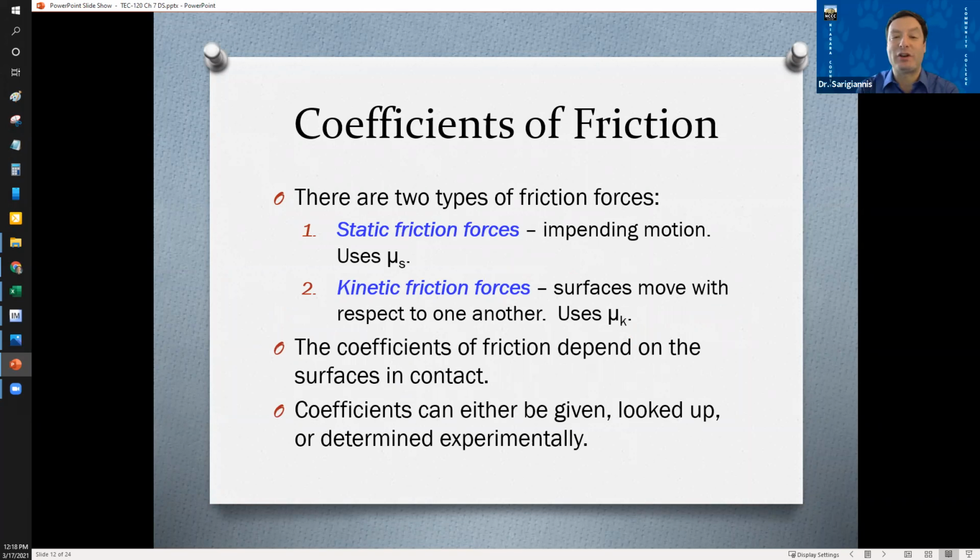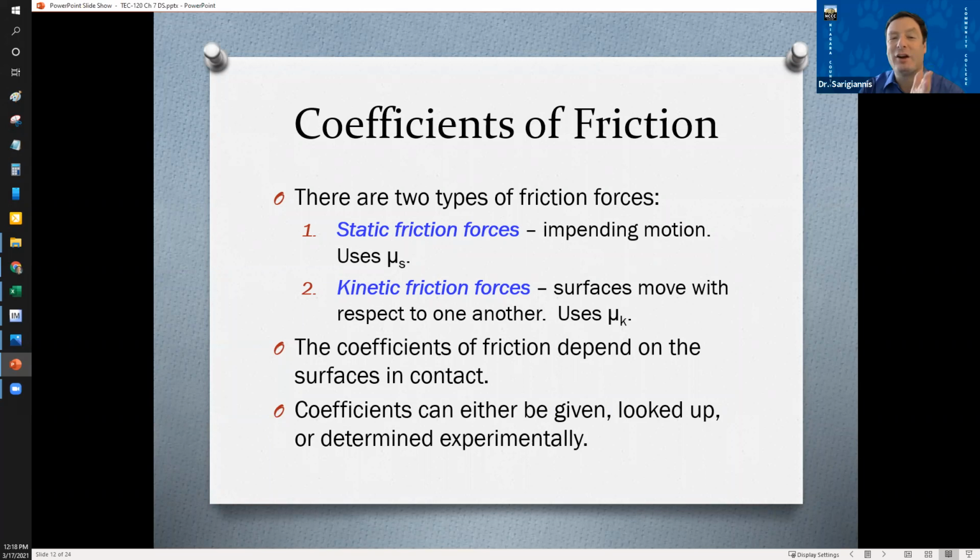And we've got two types of friction: static friction and kinetic friction. You may have noticed this if you were to try to push, say, a fairly heavy box over a thickly carpeted rug. It takes a little more effort to get the motion started than it does to keep it in motion.